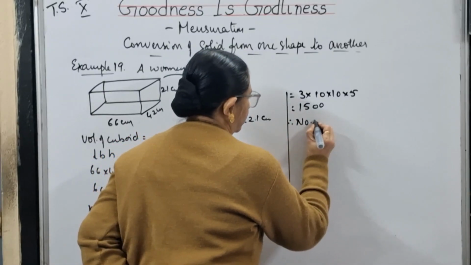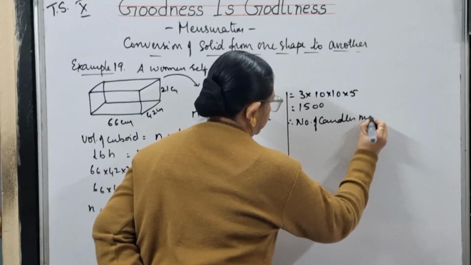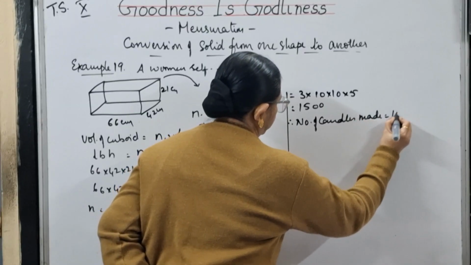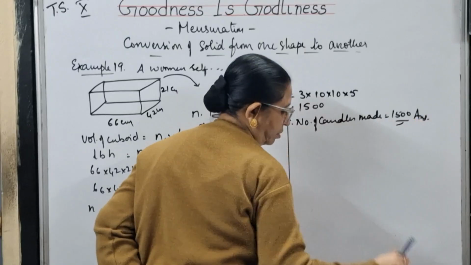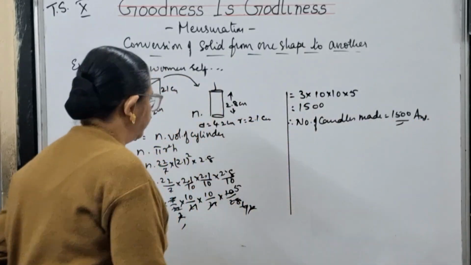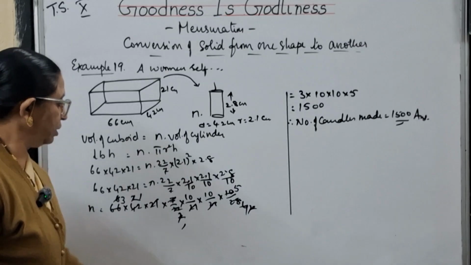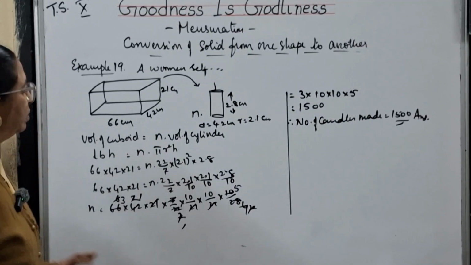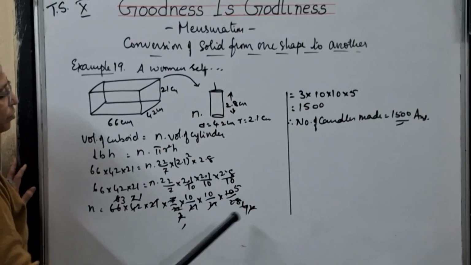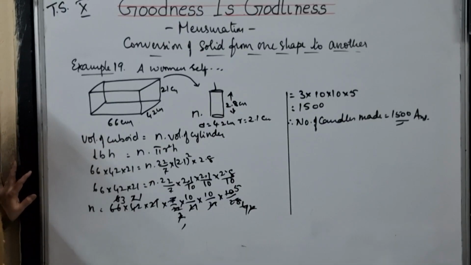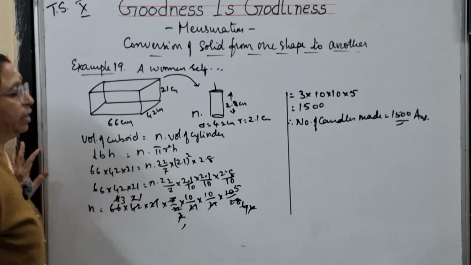Therefore number of candles made is equal to 1500. This is the answer, children. Actually, in your textbook, the total calculation was done, but I feel if you do it like this, it is very convenient for you to get the answer soon. In a very small number of steps, you can complete this.